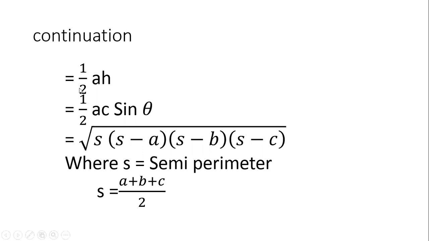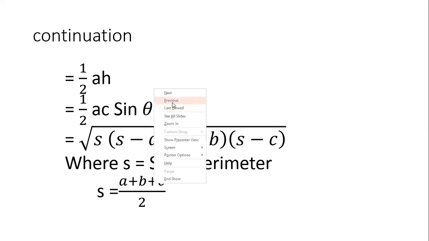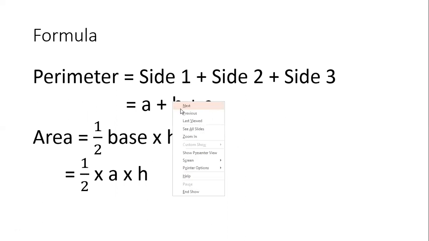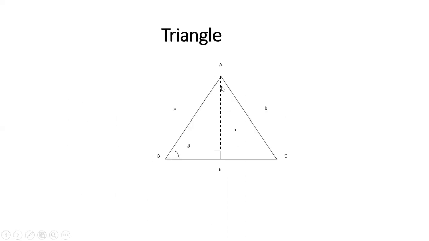Another way of doing that, which we have said earlier, is when you look at the triangle that we have already, we can substitute for H using our trig ratio. This is the opposite and this is the hypotenuse, so we can use sine theta equals H over C, which is opposite divided by the hypotenuse.